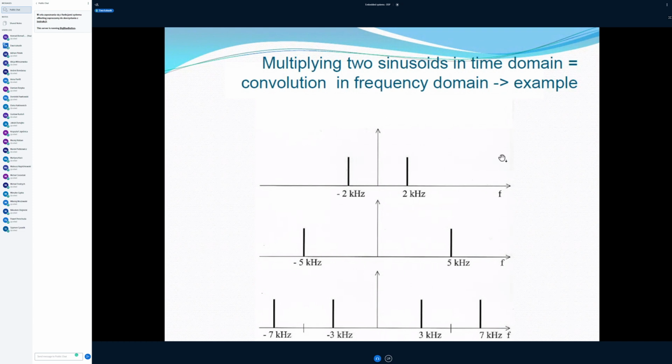So the convolution is related to the movement of one signal from minus infinity to plus infinity, and this moving function for each location has to be multiplied by the other function. And when this value is different from zero, your result is different from zero.